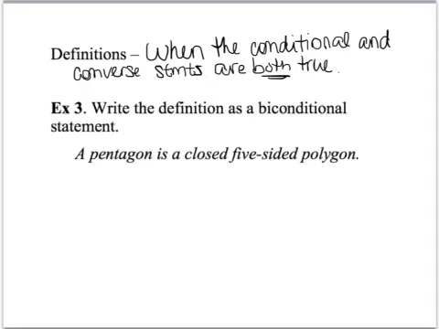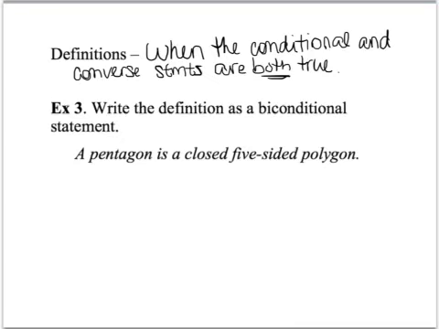So all definitions can be written as true biconditional statements. You could take a definition from biology, and it can be written as a biconditional. You could take one from American history, it's going to be written as a biconditional. Those would all be true.